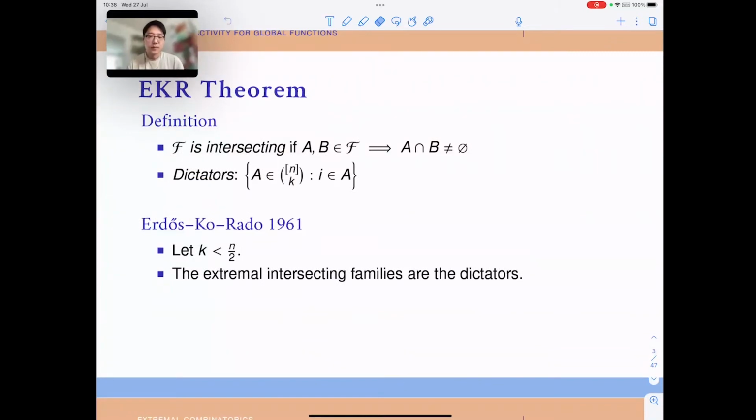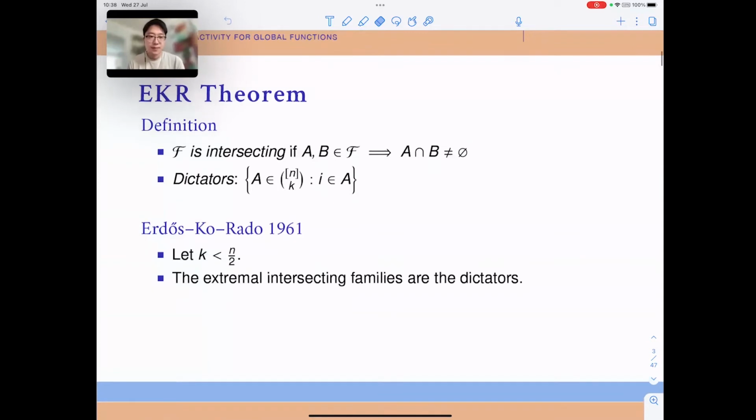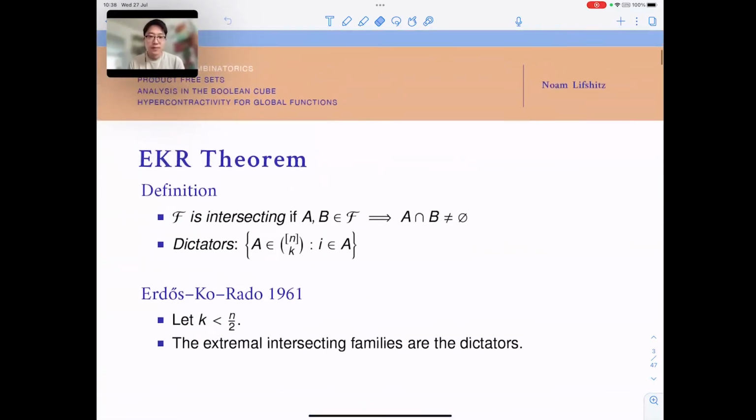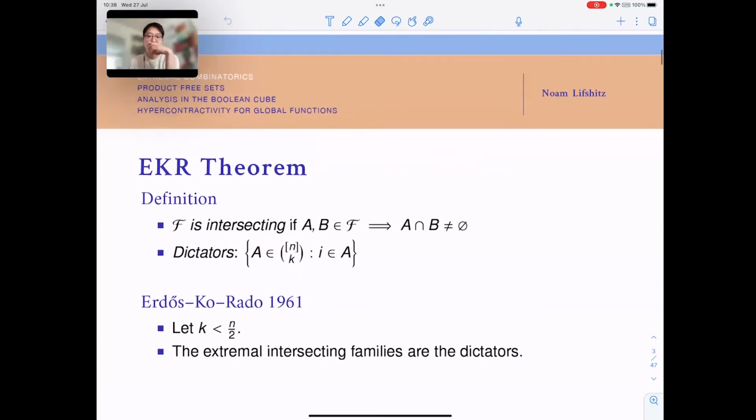One example of such a theorem is the Erdős-Corrado theorem that talks about intersecting families. A family is intersecting if the intersection of each two sets in the family is non-empty. One example of an intersecting family is the dictator.